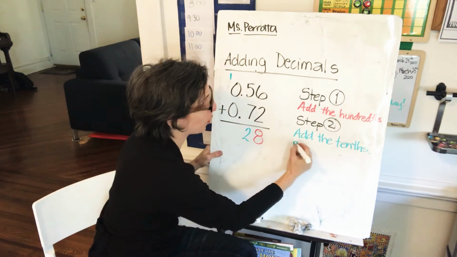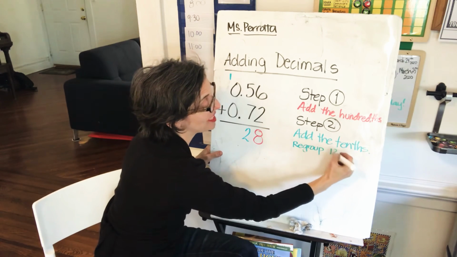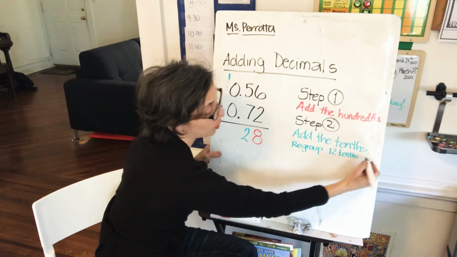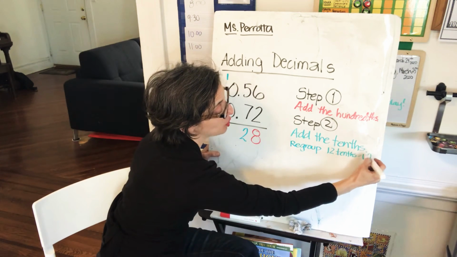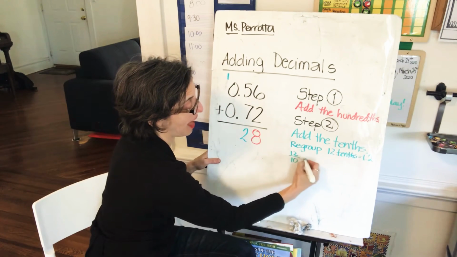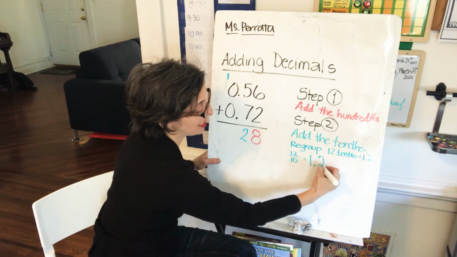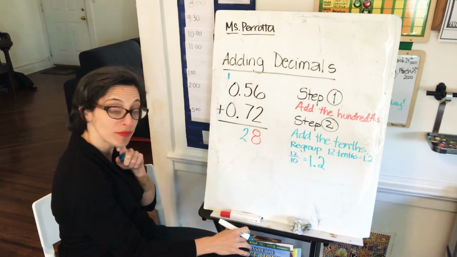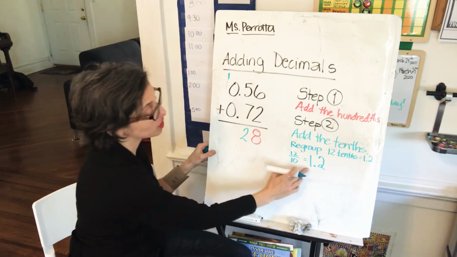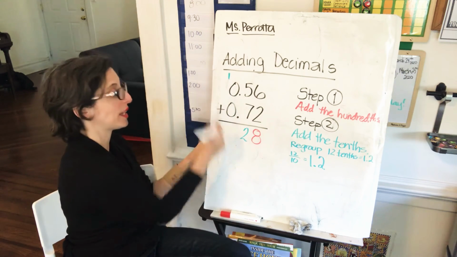So I have to regroup because 12 tenths is equal to 1 and 2 tenths. So I can write that as 12, this is what I'm thinking in my head. 12 tenths is 1 and 2 tenths. So I'm going to put that 2 here, and I'm going to change that 12. I'm going to take 10 out and put the 1 here.